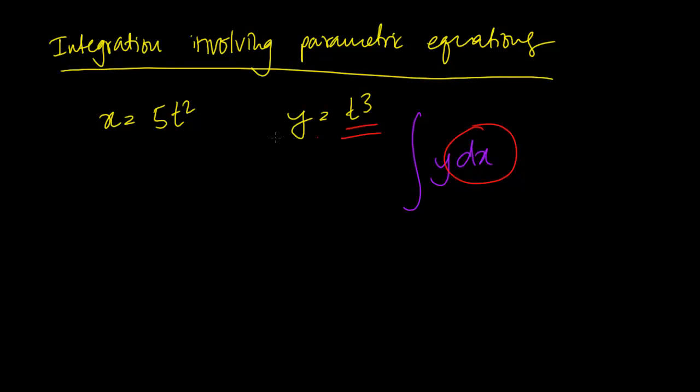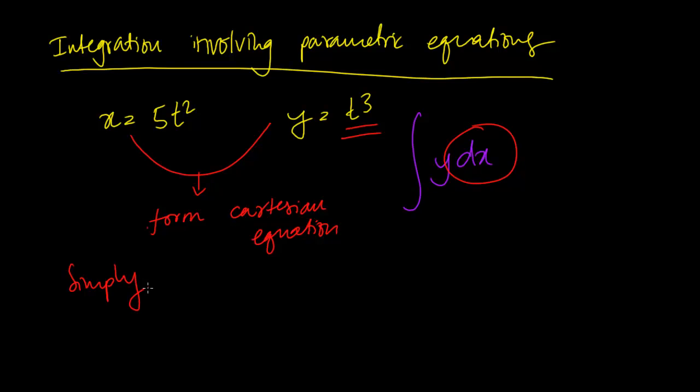One thing you could do is simply use these two to form a Cartesian equation, or you could simply use t. Now, you might be asking, how am I supposed to do that? Because you have to use dx here.